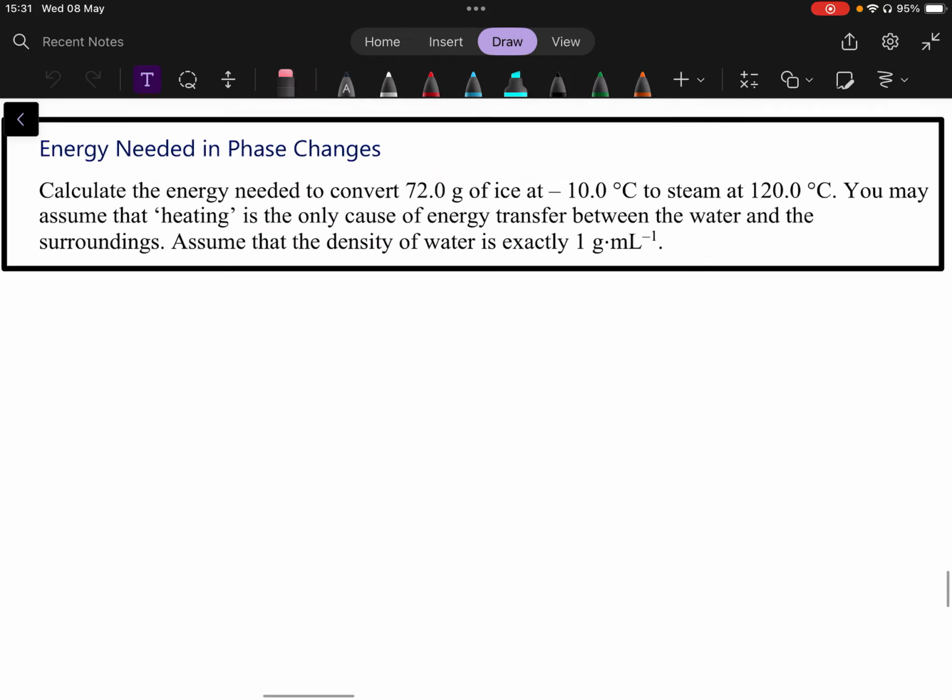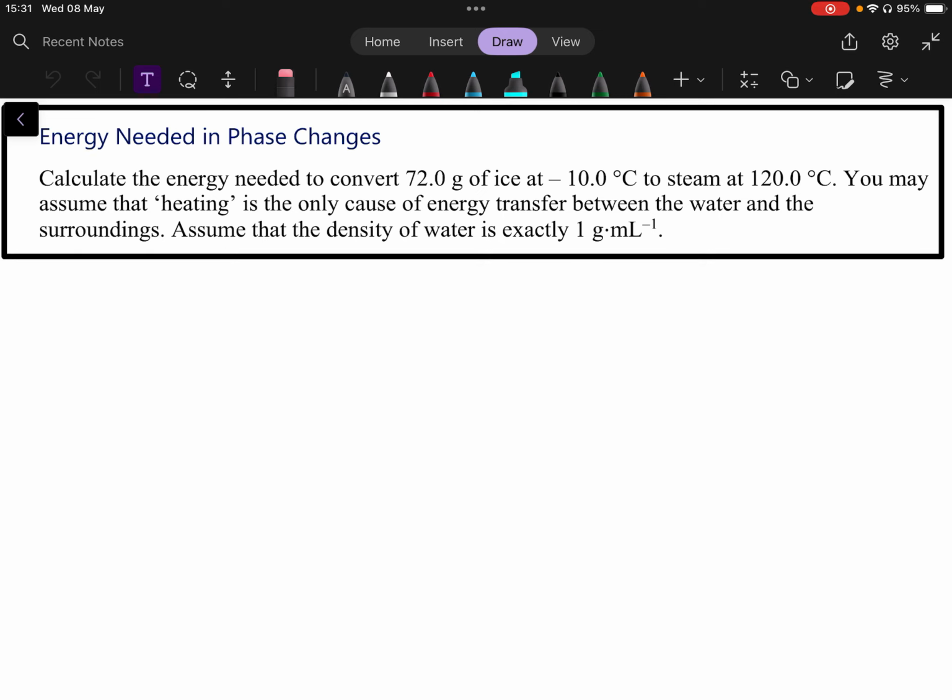And the best way to imagine that is if we take a block of ice and we heat it on a Bunsen burner, say for example, the ice is going to heat up until it gets to its melting point. Once it melts, it's going to change. Then there's going to be a period where we have ice and water in combination, and some stage where we only have water.